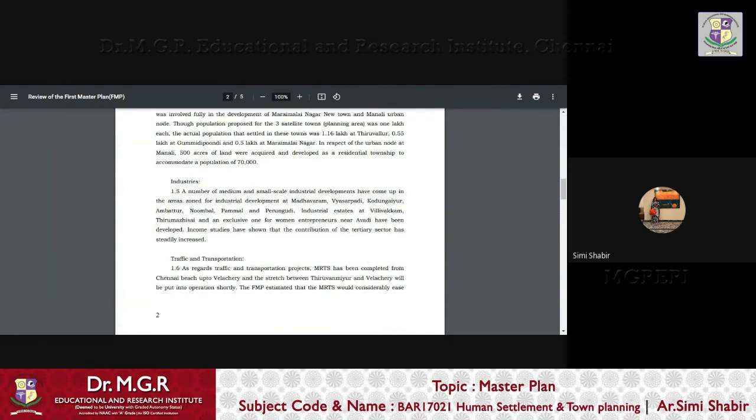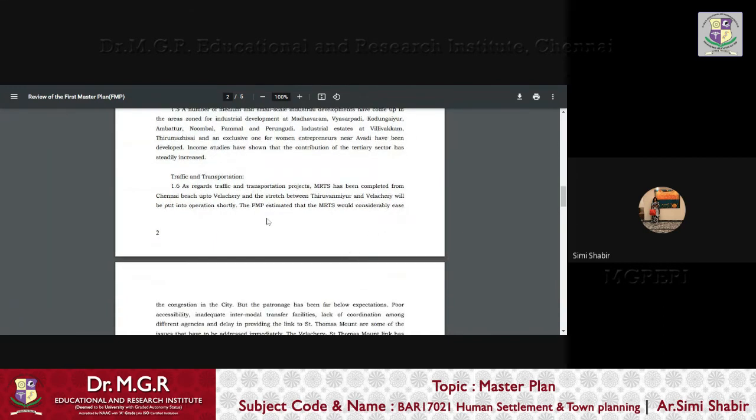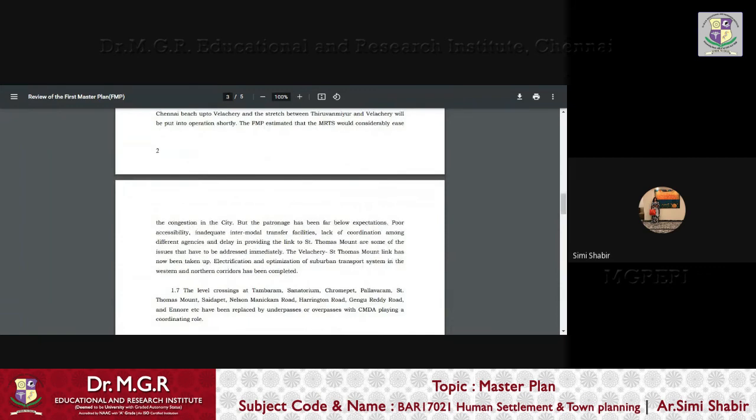Now coming to the traffic and the transportation. As regards traffic and transportation projects, MRTS has been completed from Chennai Beach up to Velachery, and the stretch between Thiruvanmiyur and Velachery was also put into operation. So the first master plan estimated that the MRTS would considerably ease the congestion in the city, but the actuals were really not up to what the expectations were.